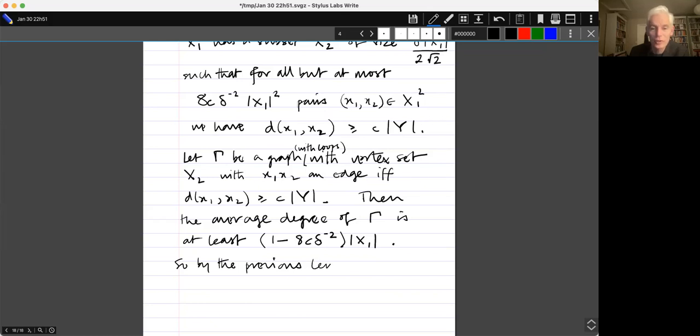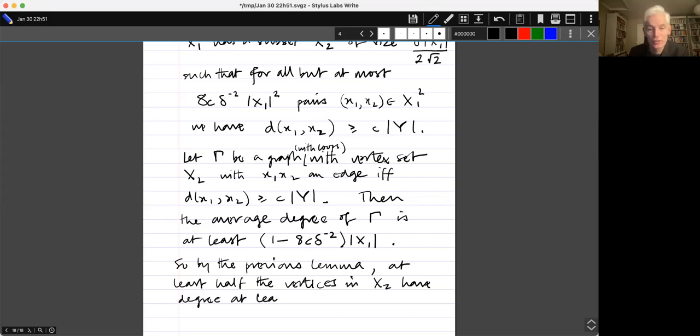So by the previous lemma and the second case, at least half the vertices in x1 have degree at least 1 minus 16c delta to the minus 2 times, that should have been an x2 there, because the vertex set was x2.